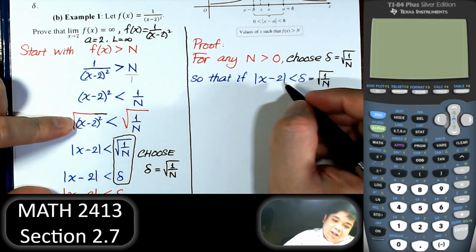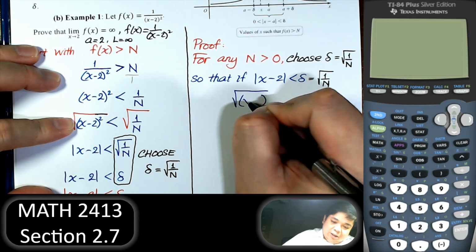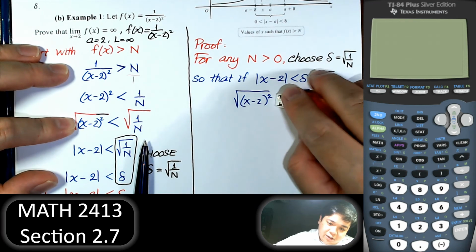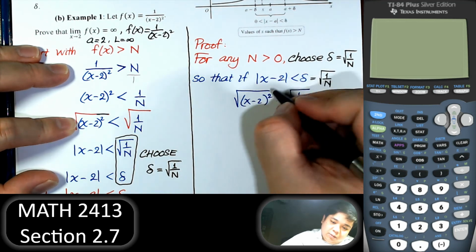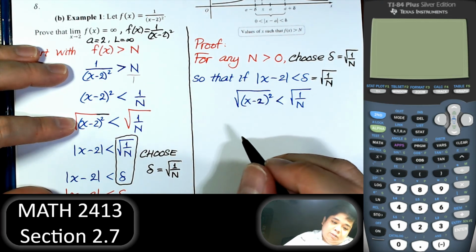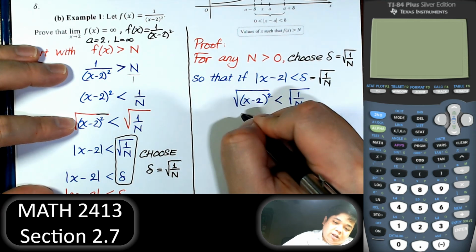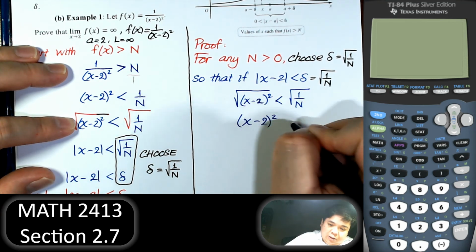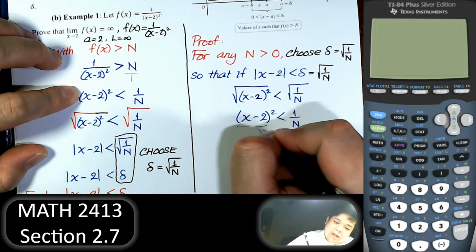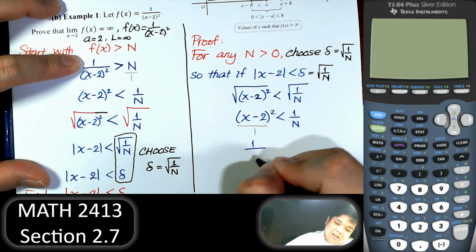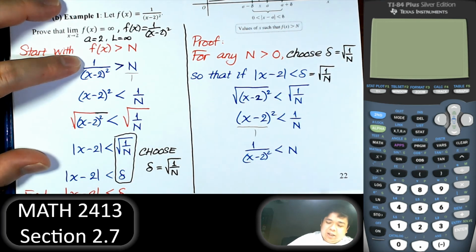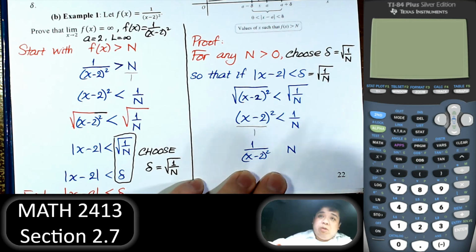We have this already. Now the absolute value is the square root of the square. Square both sides, and then we flip, so the inequality will be reversed as well.